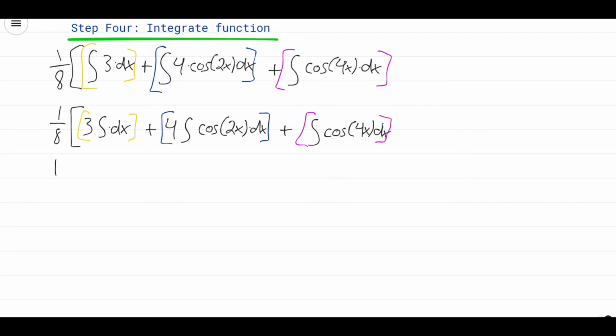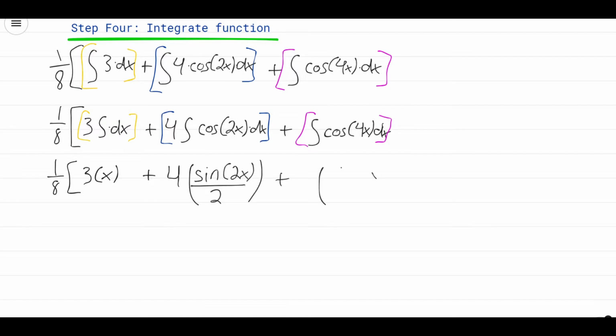And now I'm going to integrate this. So 1 over 8, the integral of 3 dx is 3x. The integral of cosine of 2x is sine of 2x divided by 2. And of course this is within the 4. And the integral of cosine of 4x is sine of 4x divided by 4. And of course yellow, blue, and pink.